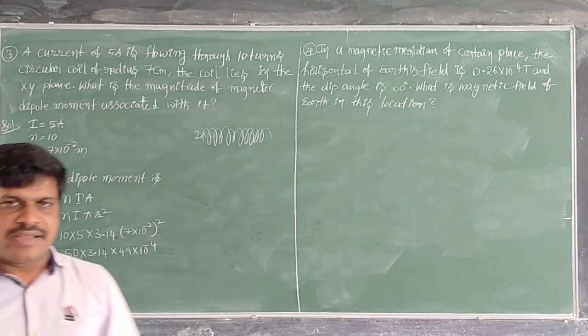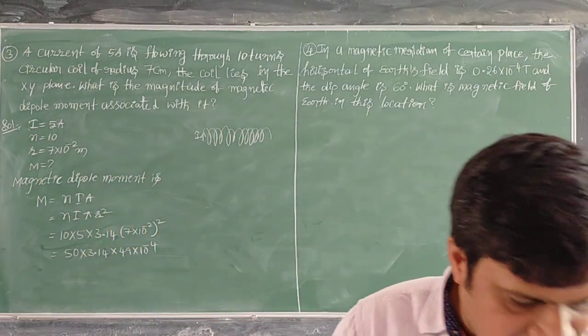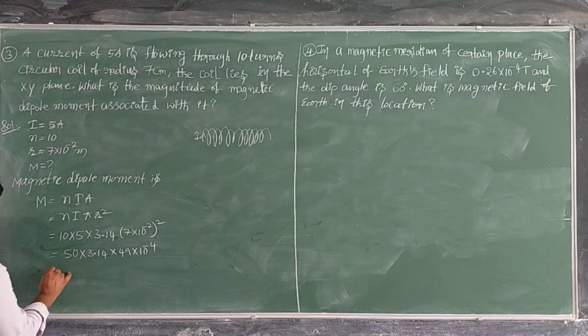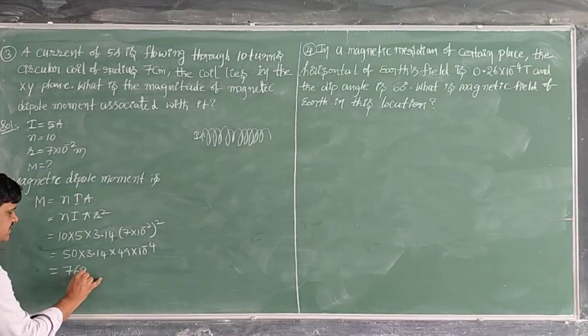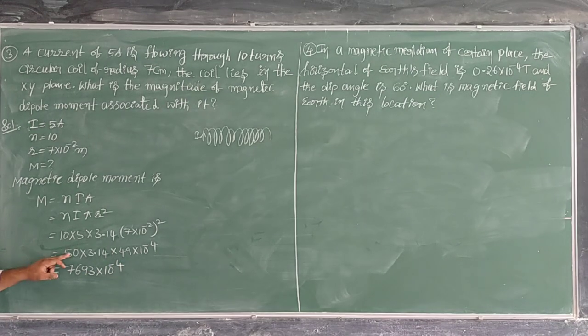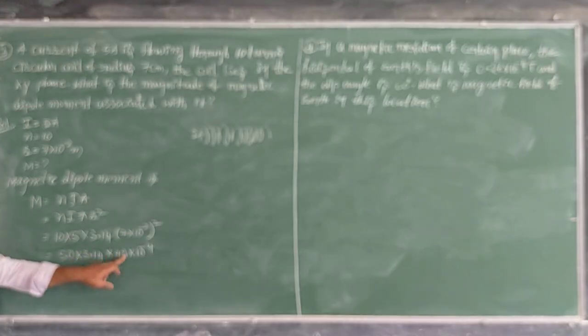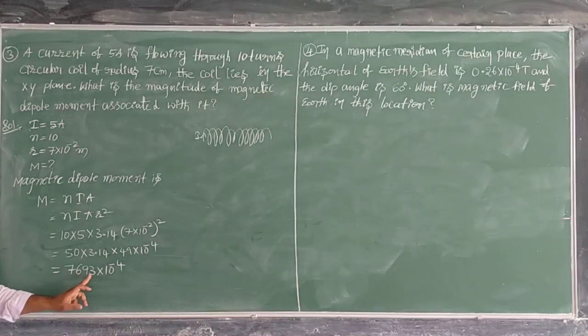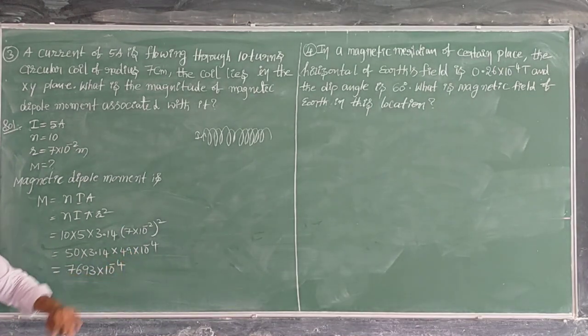After multiplication we get 7693 into 10 power minus 4.